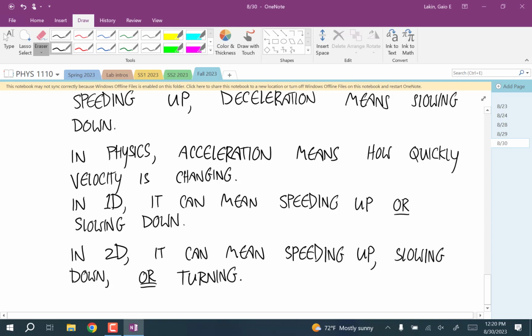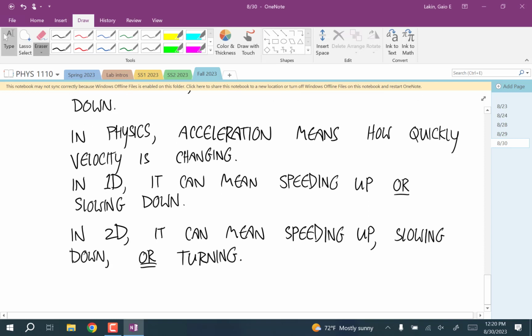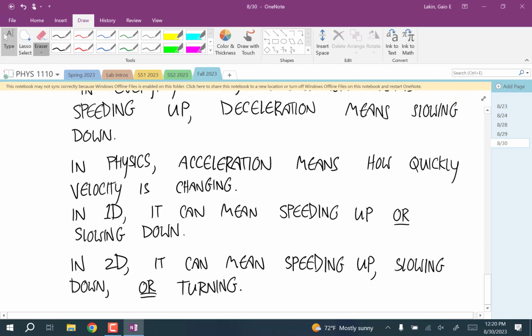Because turning is also velocity changing, and we'll talk more about that later. Once we get to 2D, you can have cases where the object is staying at the exact same speed, going around a turn or whatever, and there's going to be acceleration. Okay? In 1D, you don't have to think about that yet. It's only speeding up or slowing down, but it's either one of them.